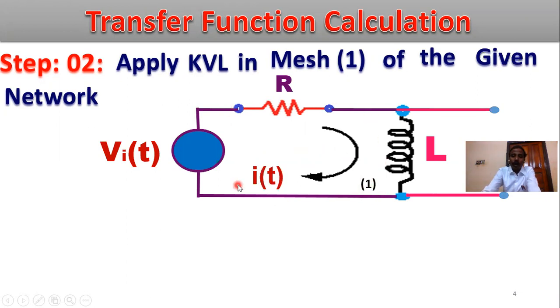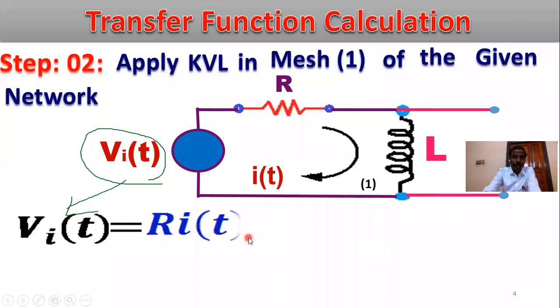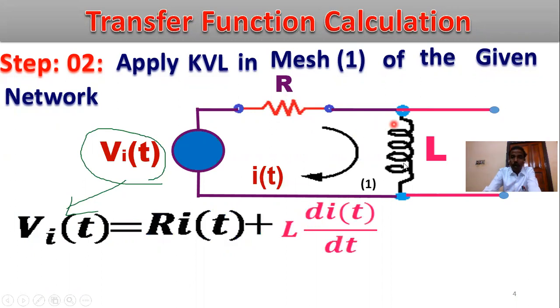First write the KVL equation: input voltage Vi(t) equals R into i(t), the resistance R with current i(t) passing through it, plus for the inductance, L into di(t)/dt, the rate of change of current. This is equation number 1 for mesh 1.